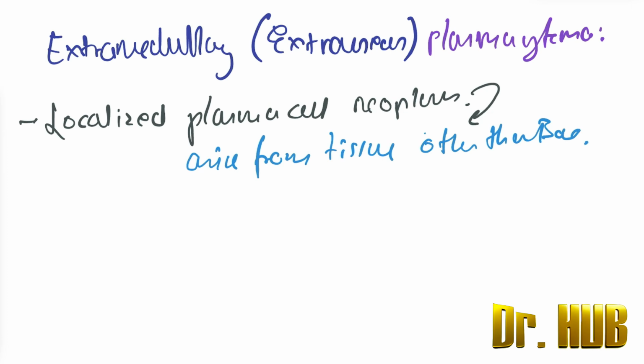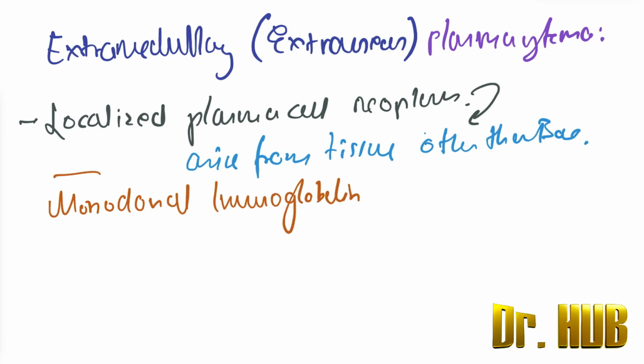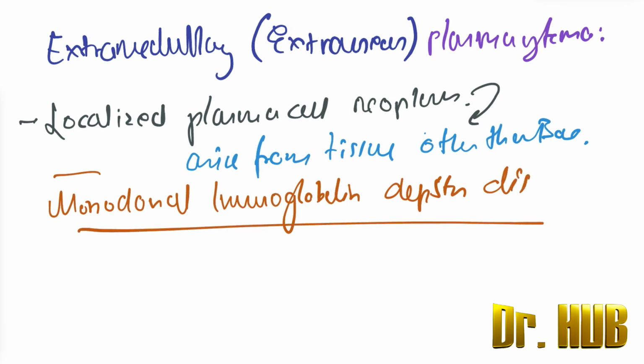Next, we move on to the monoclonal immunoglobulin deposition diseases. So what does this include? There is primary amyloidosis.